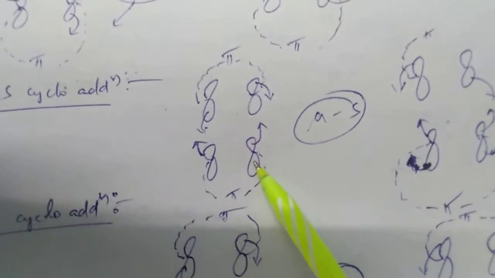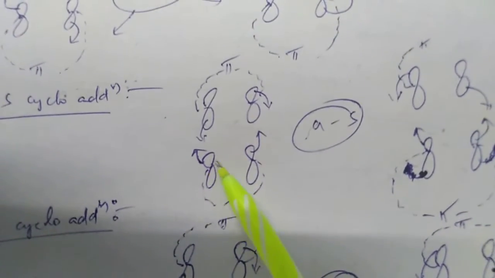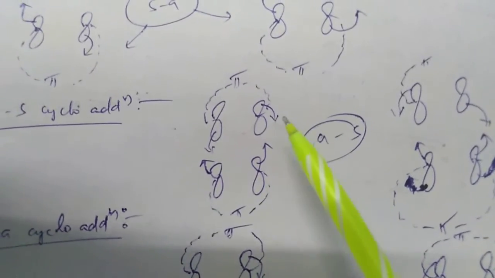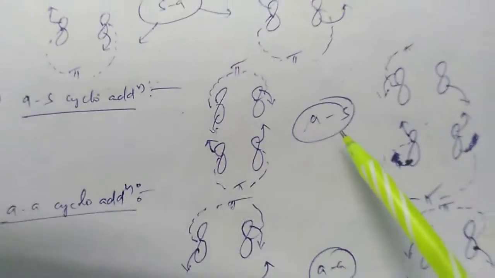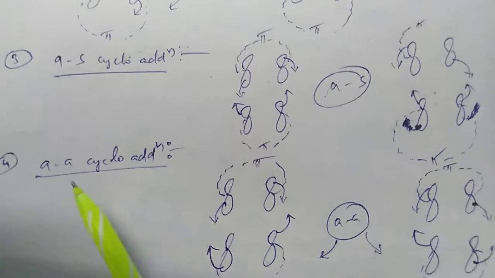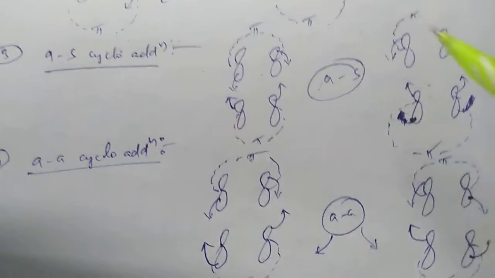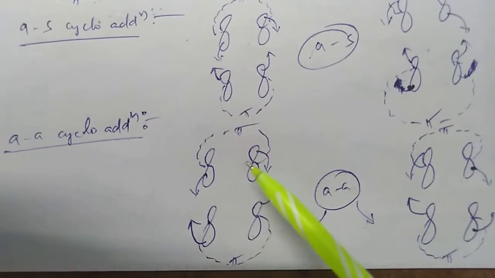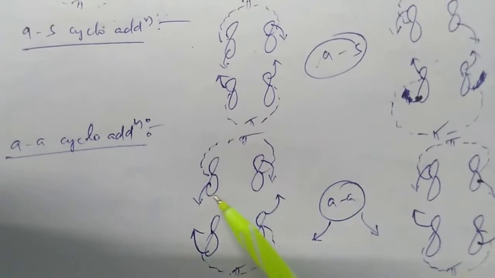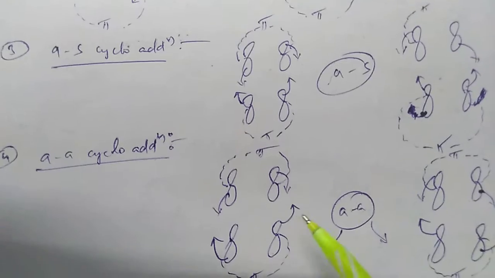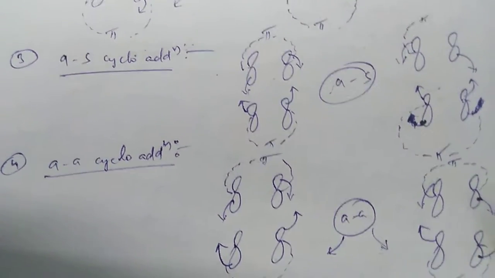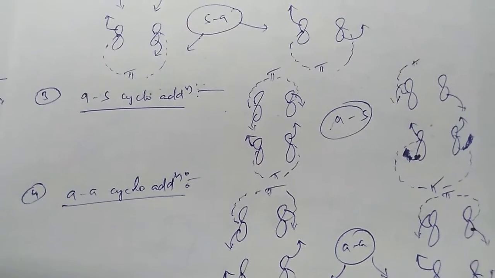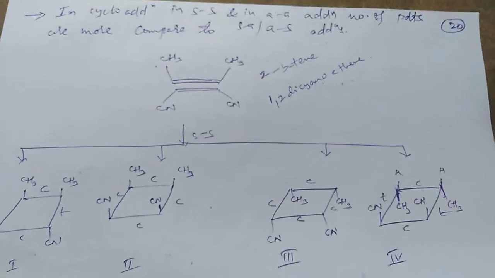In this compound, the two lobes are on the same face, so that is called supra: antara-supra cycloaddition. Similarly, we can explain antara-antara cycloaddition because the lobes exist on opposite sides or opposite faces. So that's why it is known as antara-antara cycloaddition. These four kinds of cycloadditions are possible for a pericyclic reaction.